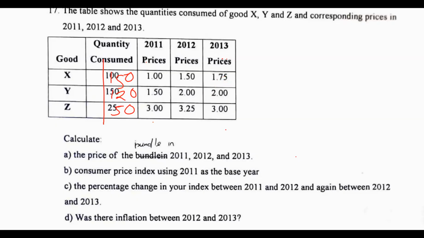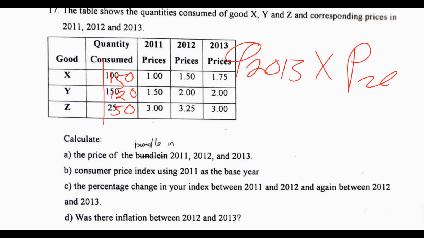So what we do, we get the quantity for 2013 times the price for 2011. And what is the quantity for 2013?